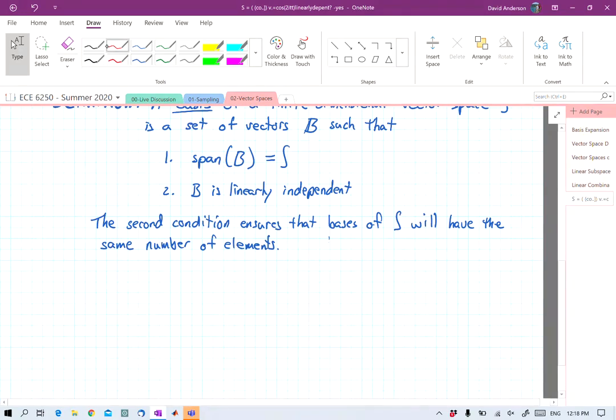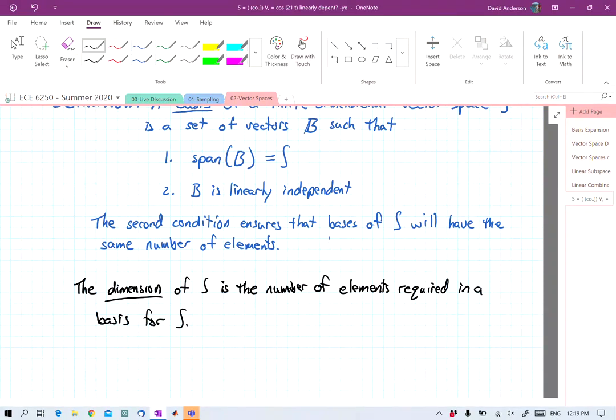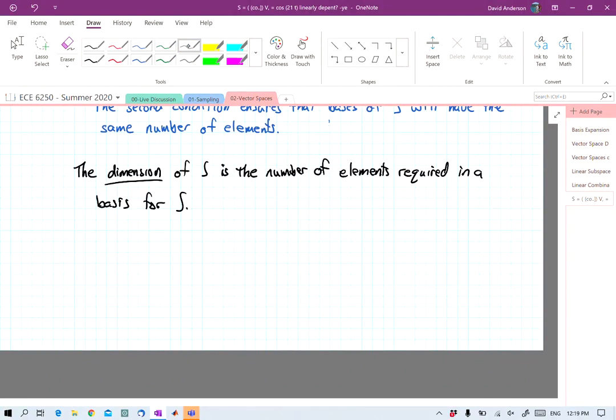So, given that, we can define the dimension of S as the number of elements required in a basis for S. So we're familiar with what happens in R^n.